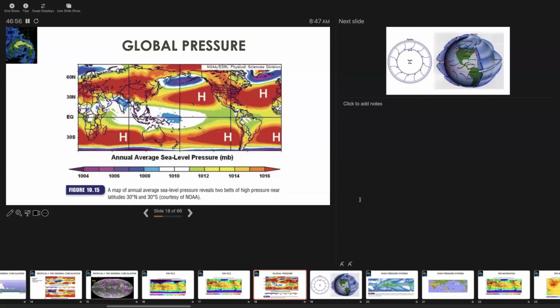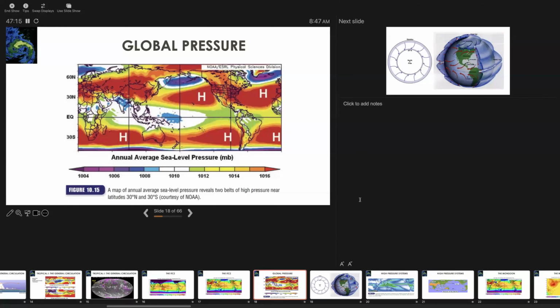And then you've got these troughs over here, along the polar front. That's something different. Putting a globe on a flat map is always tricky, but it all averages out. It truly does.